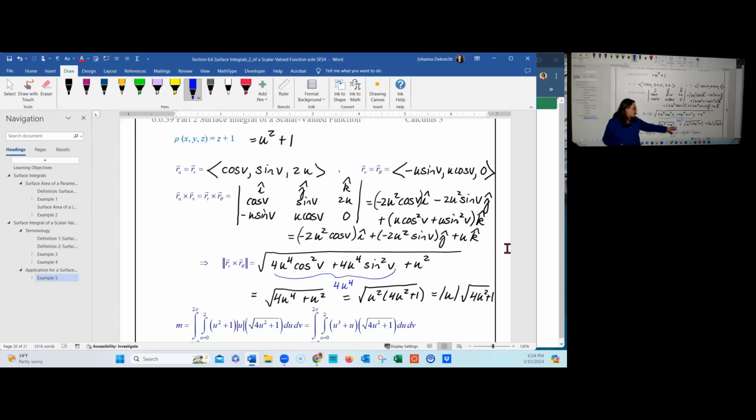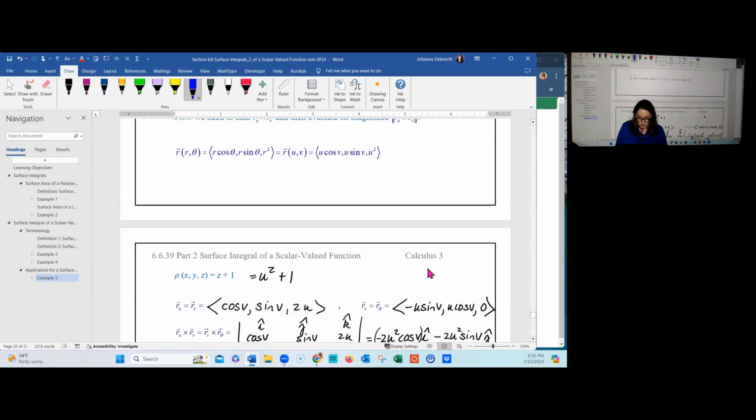We can factor out the common factor u squared to give us u squared times the quantity 4u squared plus 1. The square root of u squared is not u, it's the absolute value of u, multiplied by the radical 4u squared plus 1. Now we want to go ahead and represent this into our surface integral. In order to do that, we have to parameterize our function. In this case, our parameterization is given here, u cosine v, u sine v, u squared.